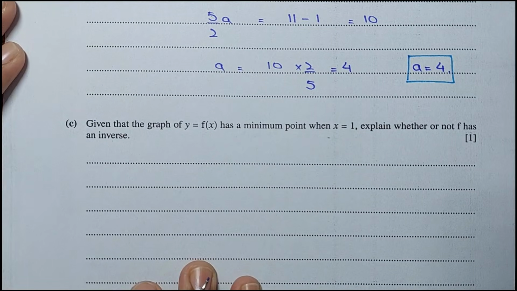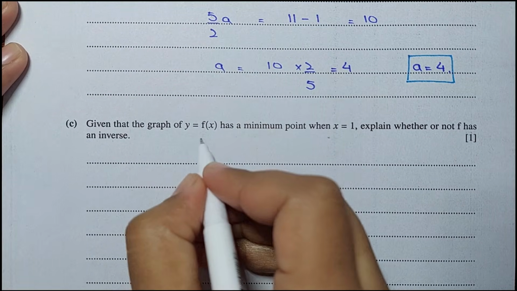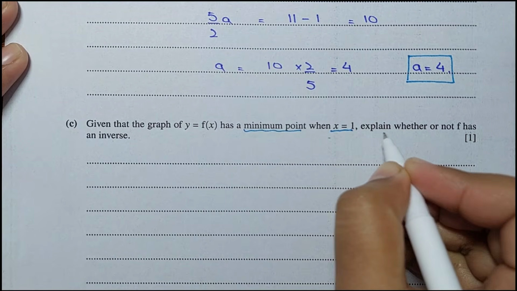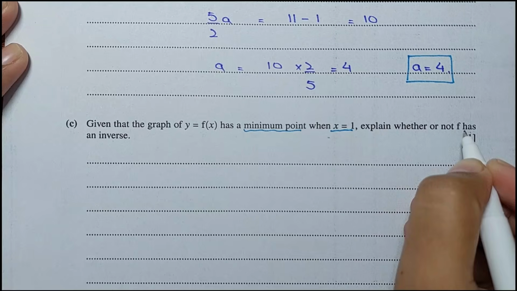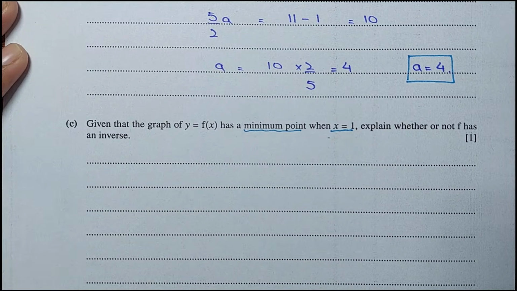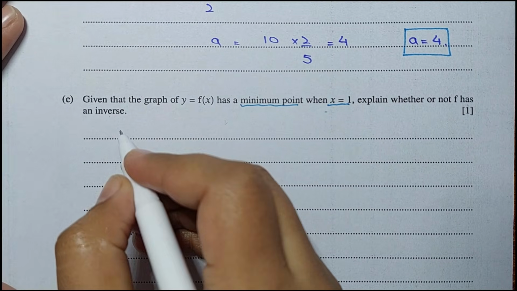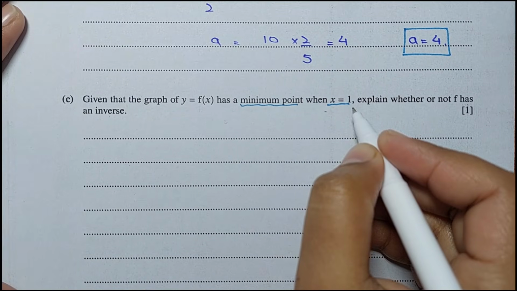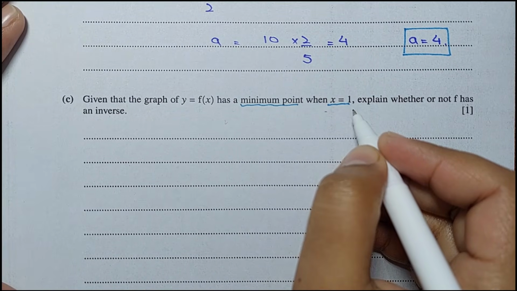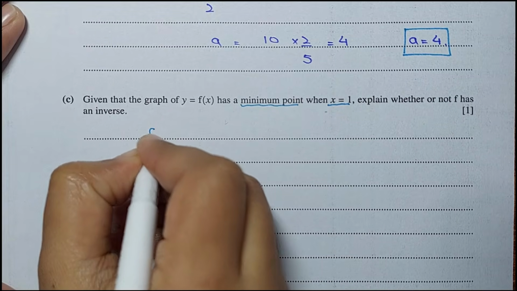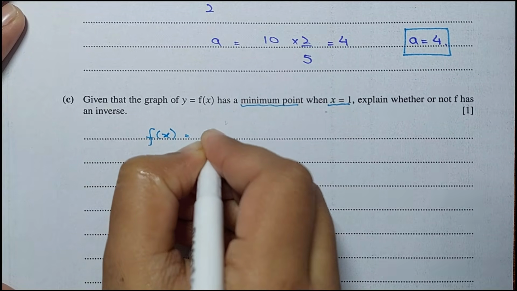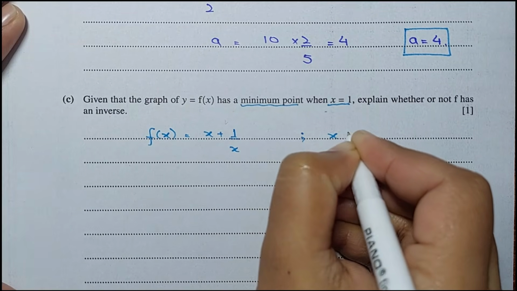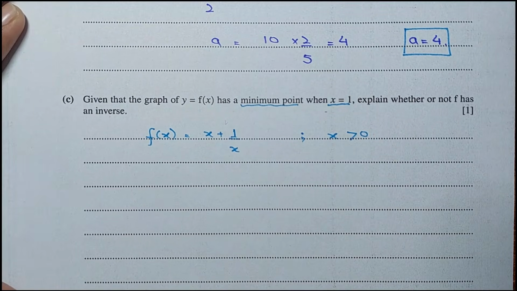Now for part C: given that the graph of y equals f of x has a minimum point where x equals 1, explain whether or not f has an inverse. We are given that it has a minimum point at 1, and we need to state whether an inverse exists or not. We have the function f of x, which is x plus 1 over x, where x is greater than 0. All the values of x are greater than 0.